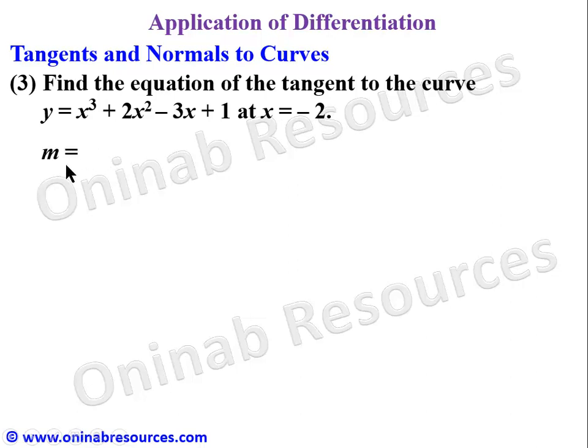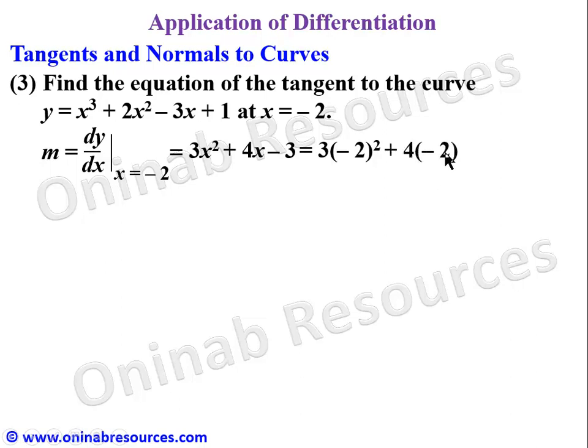So our gradient will be the first derivative of this function at x equal to negative 2. So we have dy/dx at x equal to negative 2. That will give us 3x squared plus 4x minus 3. Now substituting x is equal to negative 2 here, we have 3 into negative 2 squared plus 4 into negative 2 minus 3.